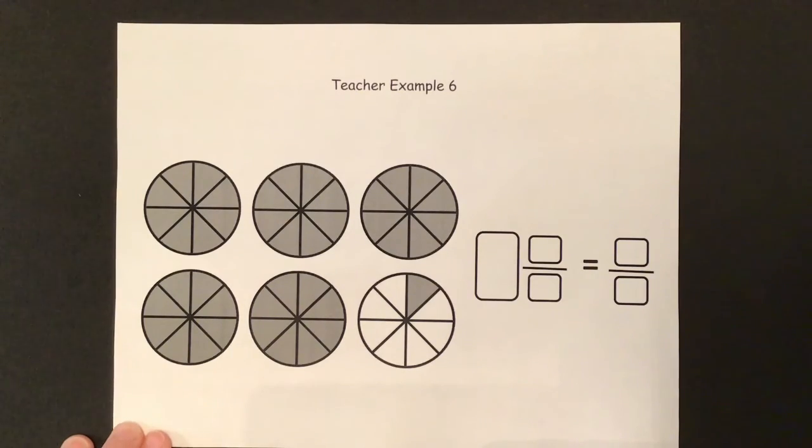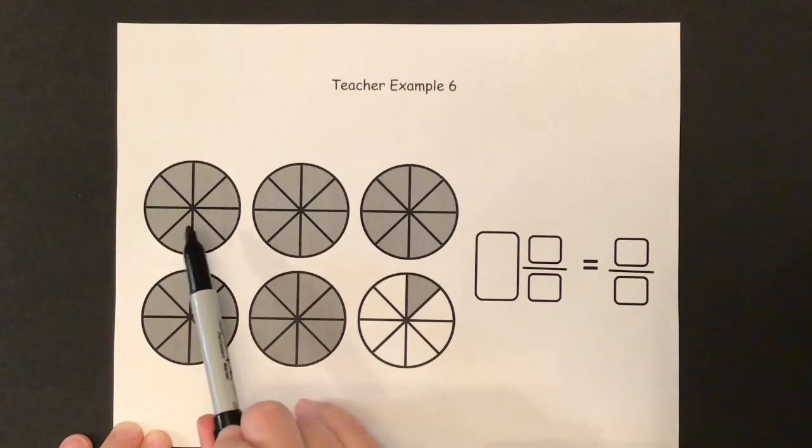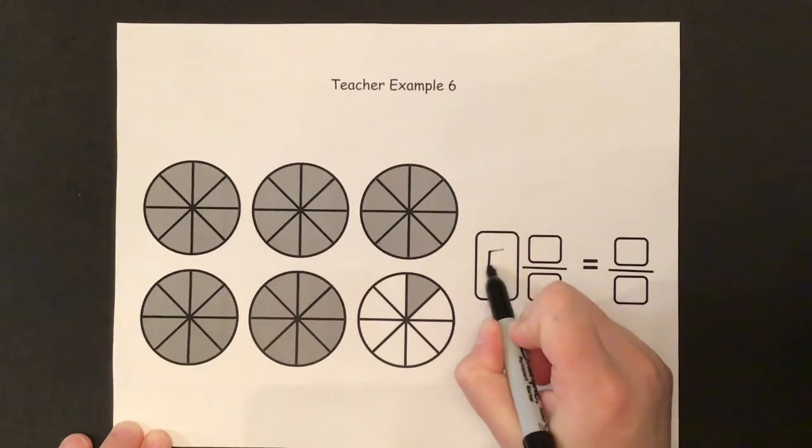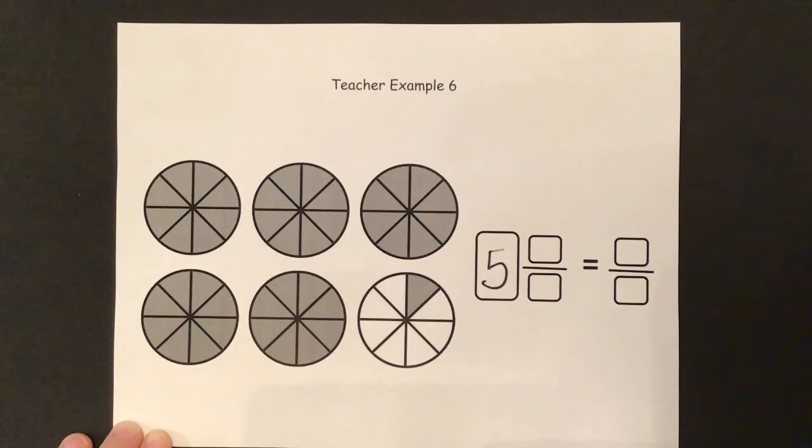Here's a last example. Let's see if you can figure out how many wholes there are. If you got 5 wholes, you're right. How many pieces has the whole been divided into?